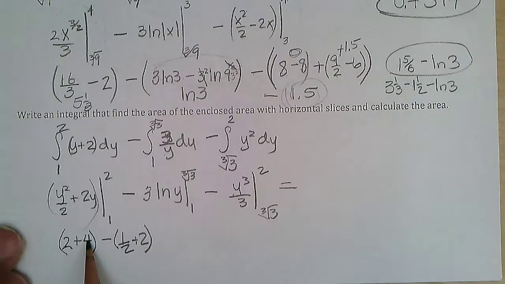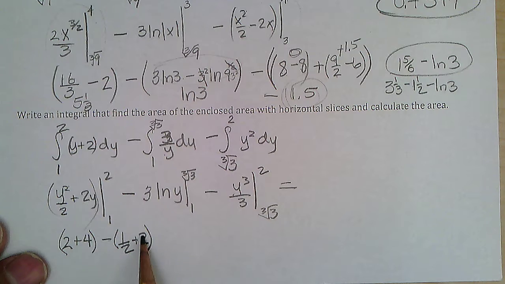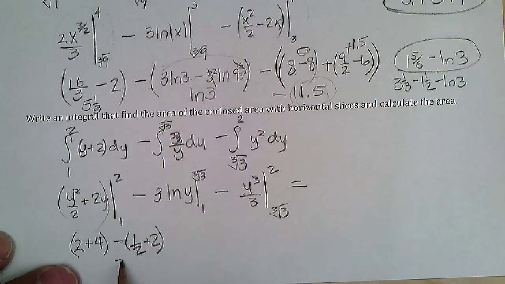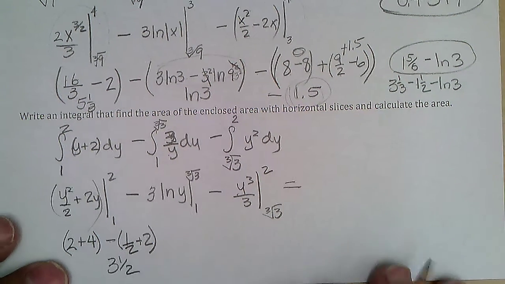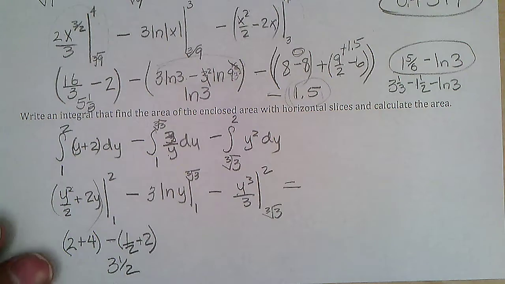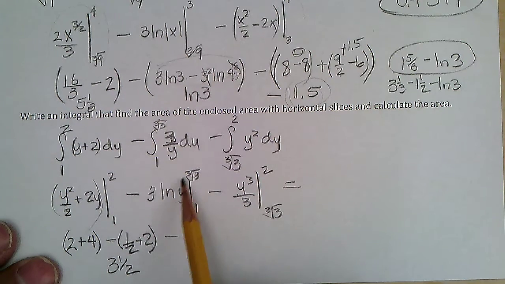See, that's 6 minus 2 is 4, minus 1/2 is 3 1/2. So that area came out right. Minus, and if I put the cube root of 3 in here, that's 3 to the 1/3. The 1/3 comes out and cancels that, so it's just minus ln 3.